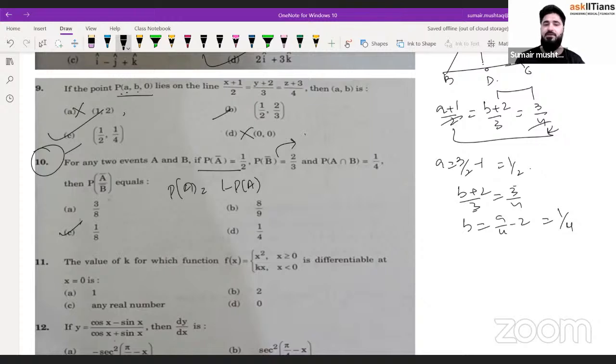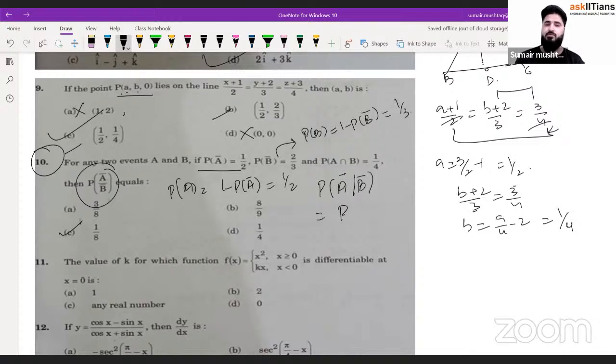And the probability of B is 1 minus probability of B complement. Okay, probability of A you can get as 1 by 2, probability of B you can get as 1 minus 2 by 3, that is equal to 1 by 3, isn't it? Yeah, 1 by 3.